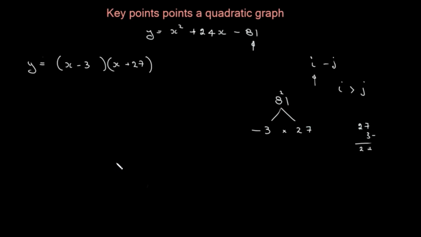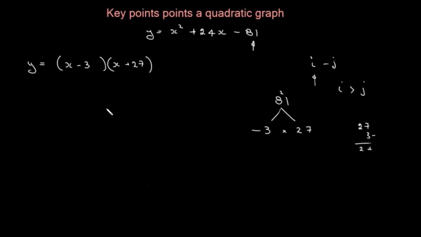Okay, what does our graph actually look like? Before we go there, for this to be true, this has to equal 0, or this has to equal 0 for y to equal 0. It can't both be 0 at the same time. For that to be 0, x must be plus 3.